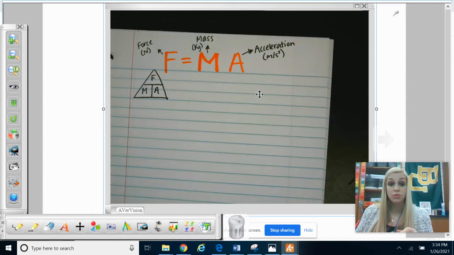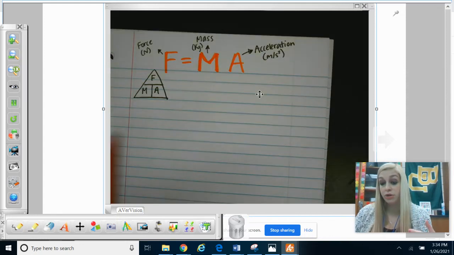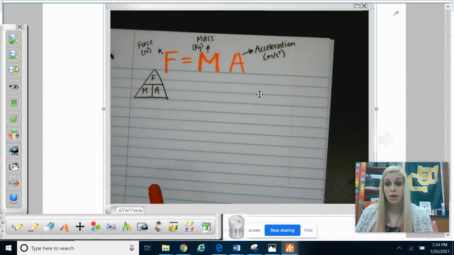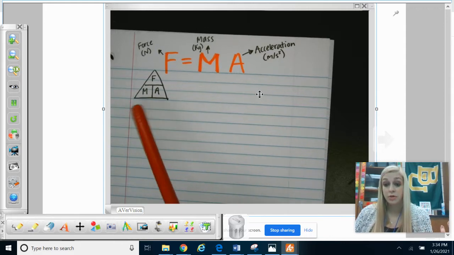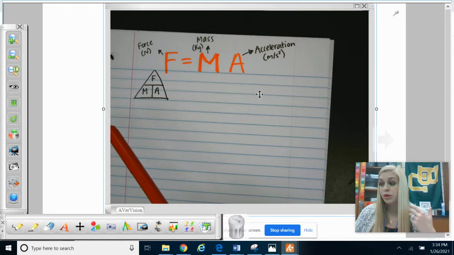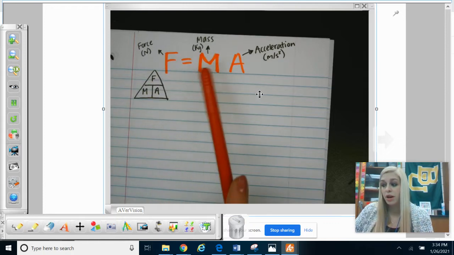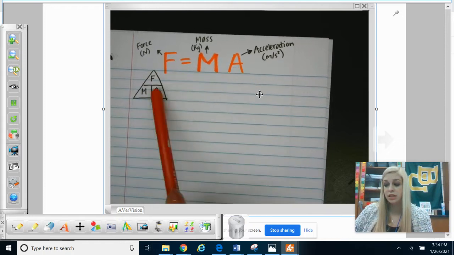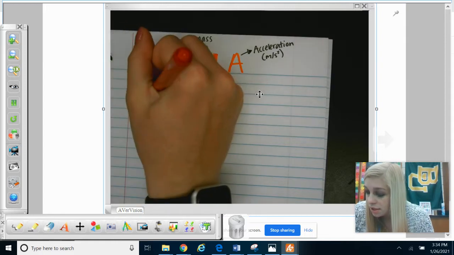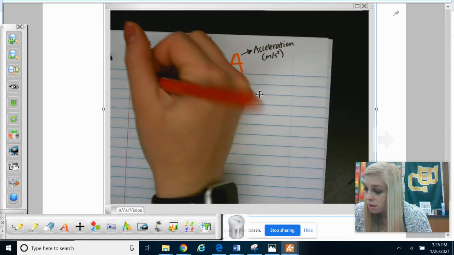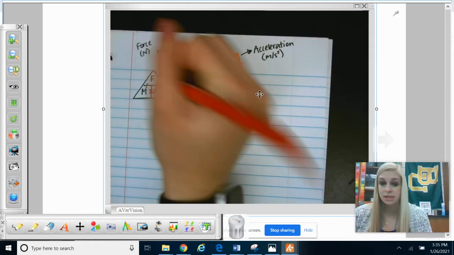On the STAR test, you won't be given the triangle, you'll be given the formula. So you have to know how to turn the formula into the triangle. You can memorize it, or you can recognize that in order to have mass times acceleration, they need to go on the bottom, because whatever is side by side on the bottom gets multiplied, whatever is on the top gets divided.